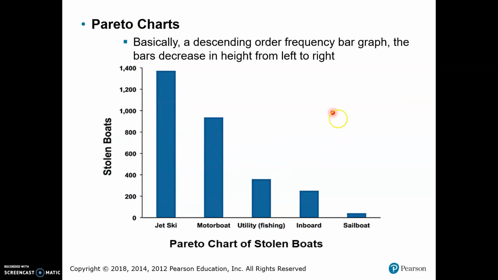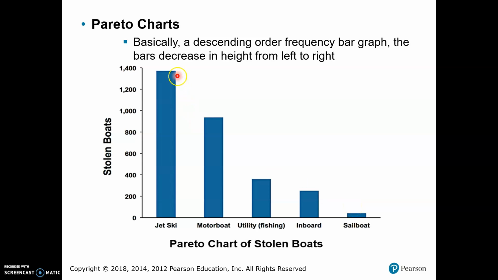This chart is called the Pareto chart. The nice thing about this chart is that it lists the tallest, shorter, and shortest.